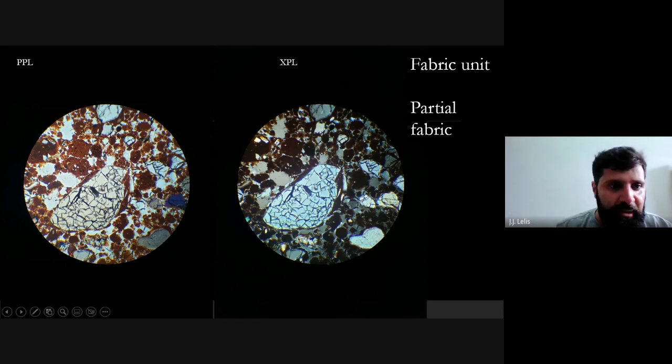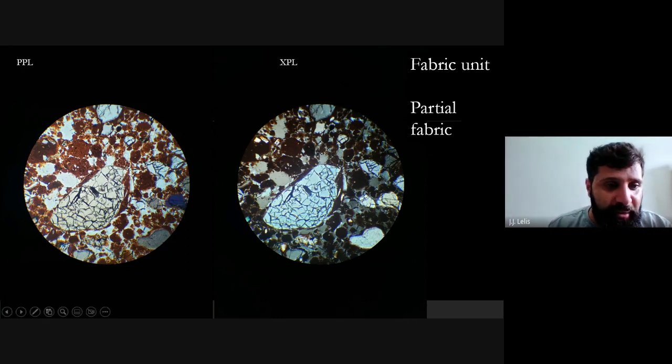Okay? I can compare, for example, the distribution and orientation of these coarse grains because they have similar sizes, similar shapes, and they compose the same partial fabric. But I cannot compare this coarser material with this finer material because they have very different sizes.